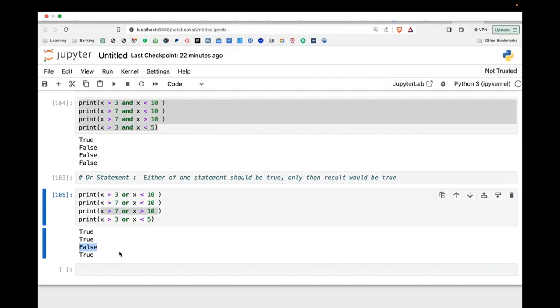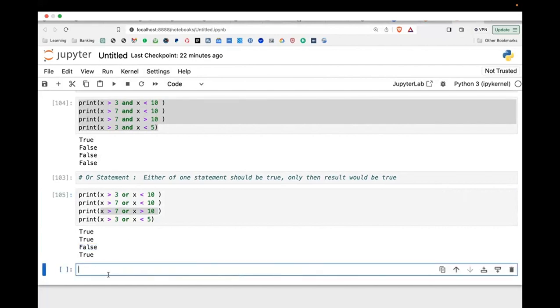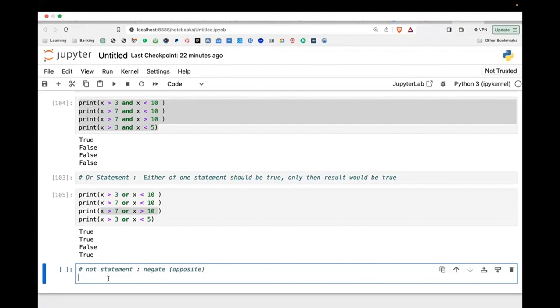No. Okay. Now I will tell you another thing which is called the not statement. Not is something we call negate in the general world. Negate means opposite. Whatever you are saying, just do the opposite of it.